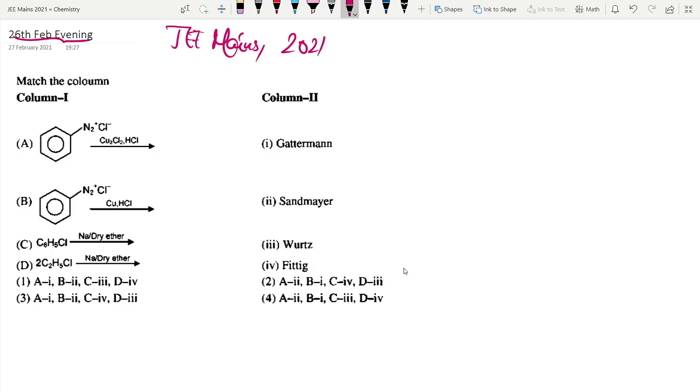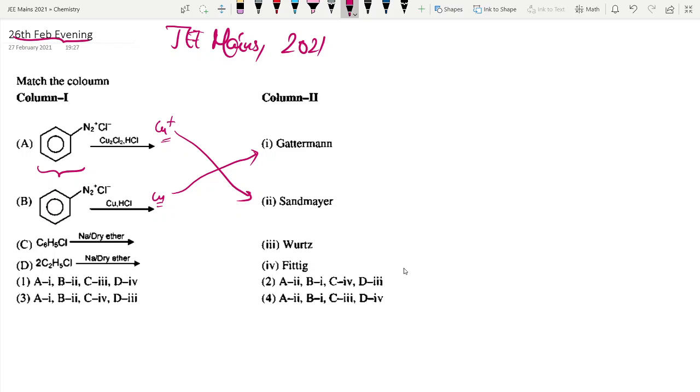First one is match the column. You have a diazonium salt, and then you have Cu plus as a catalyst, and then Cu as a catalyst. I think this is Sandmeyer and this is Gattermann.